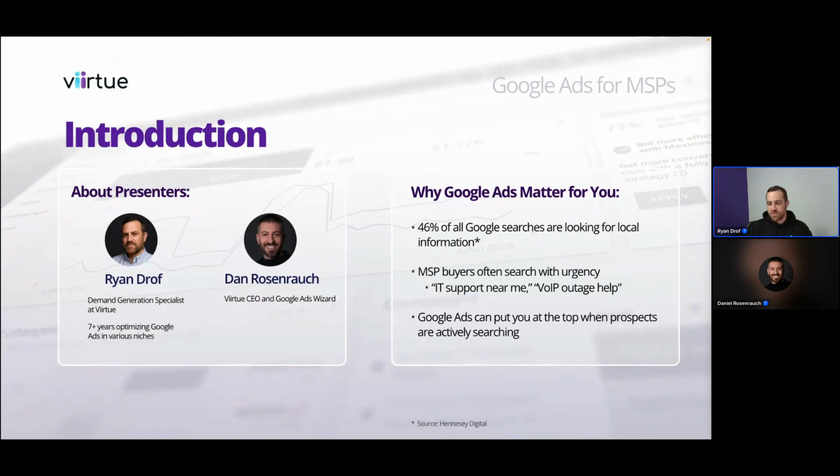So when they're searching for topics, they want to go with searches that help them right now. So whether they're having an outage or whether they're searching for support near them, these types of things we're trying to capitalize on.